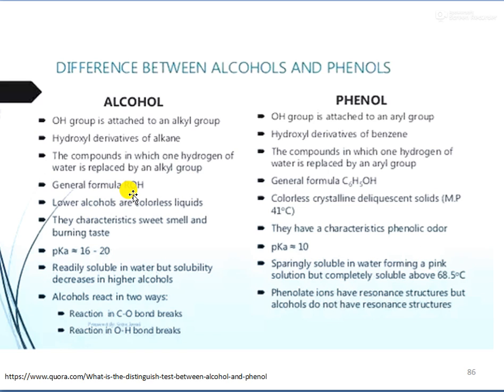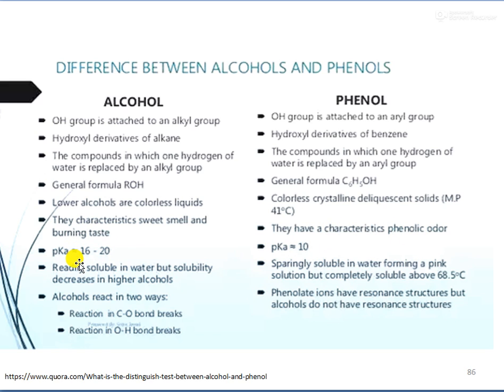Then the general formula of alcohol is ROH, and the general formula of phenol is C6H5OH. Lower alcohols are colorless liquids, whereas phenols are colorless crystalline deliquescent solids. Alcohols have a characteristic sweet smell and burning taste, whereas phenols have a characteristic phenolic odor.